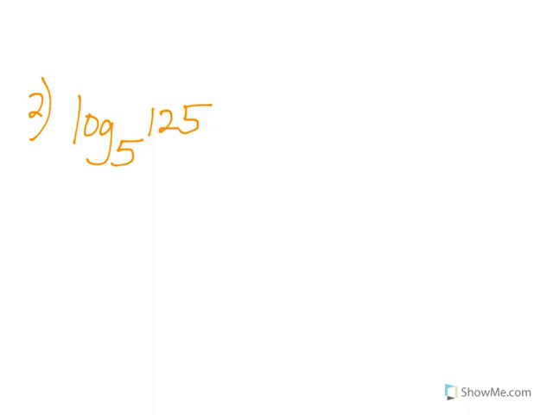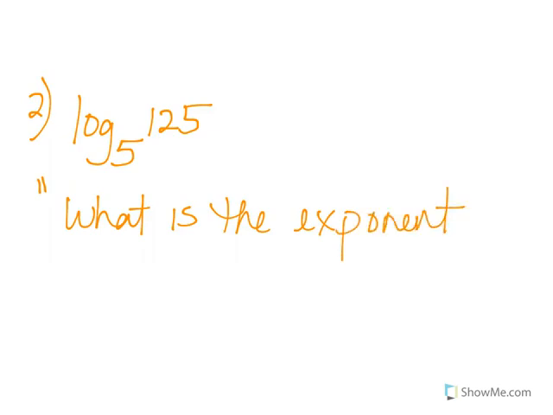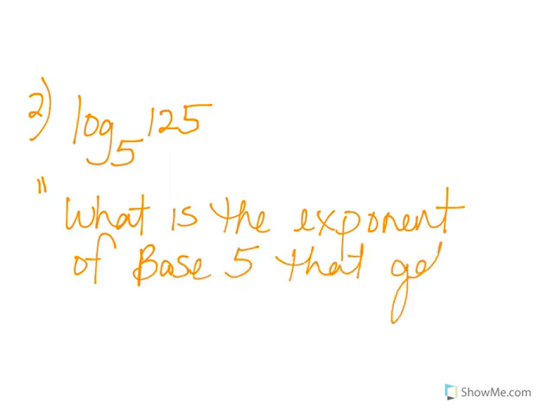In words, we could say in our mind, what is the exponent of base 5 that gets us 125? Some of you might know the answer: 5 to the third power gives us 125, so the exponent is 3.